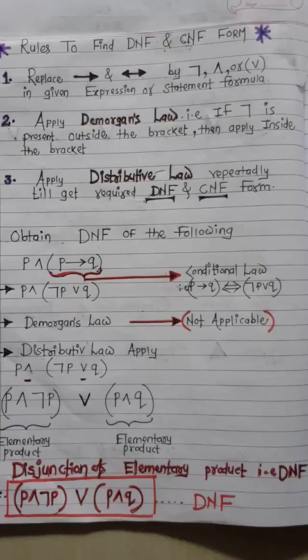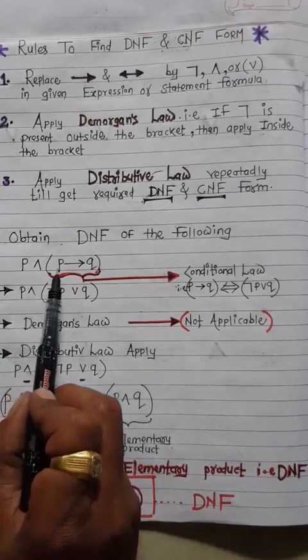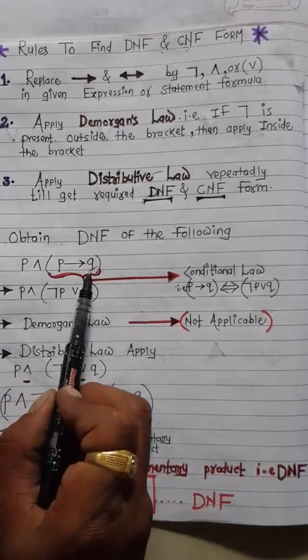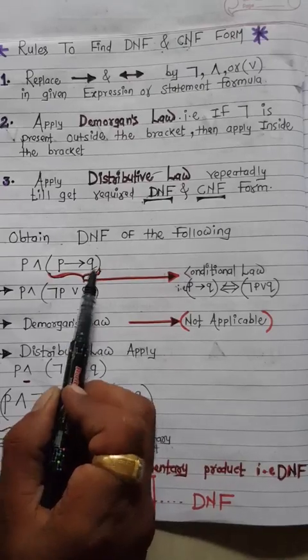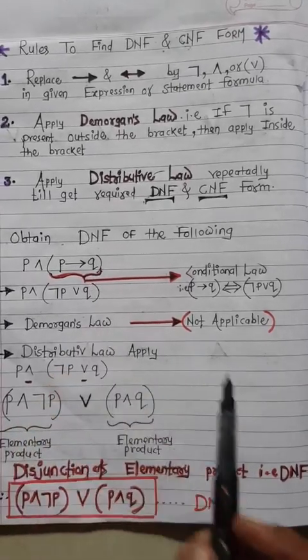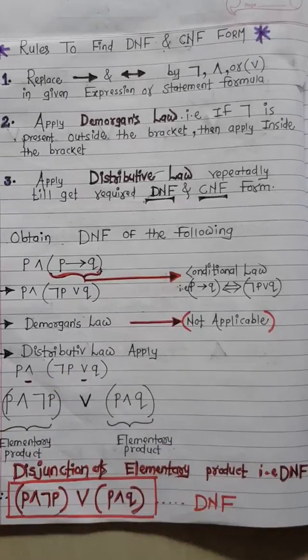Now see, the expression P ∧ (P → Q) is given to you, and here we are going to obtain the DNF form. We know DNF form is a disjunction of elementary products. Now this formula we have to express in terms of DNF. For that we follow the first three rules.